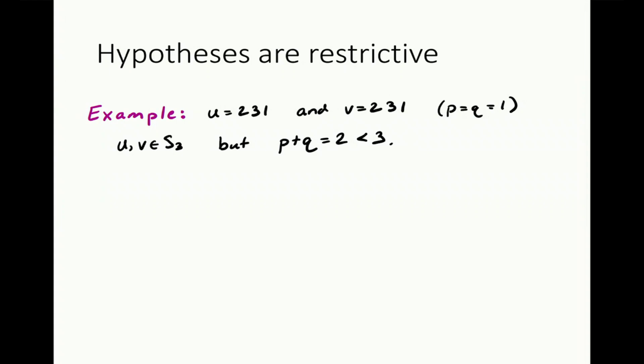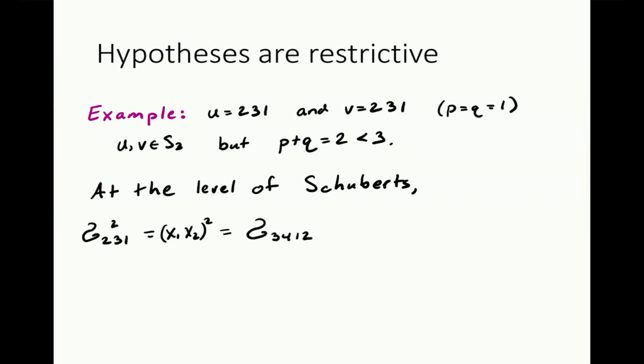We have a problem: P equals Q equals 1, but these permutations live in S3. They do not live in S2. P plus Q is equal to 2, which is too small for these permutations. So we're sunk. We can't compute with this rule.